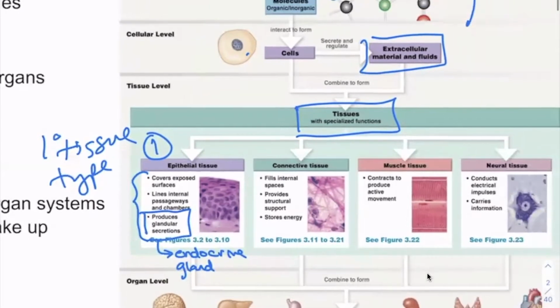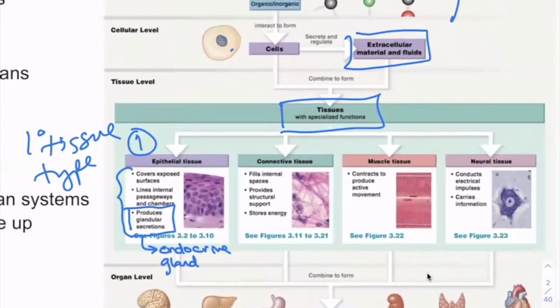Connective tissue is a various group of tissues, everything from bones to tendons to blood to things like the dermis, or the structural component of your skin.